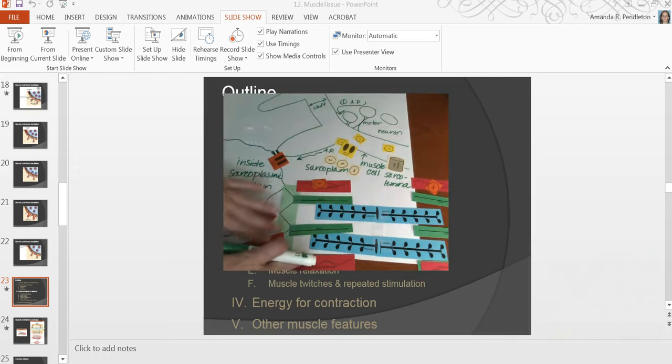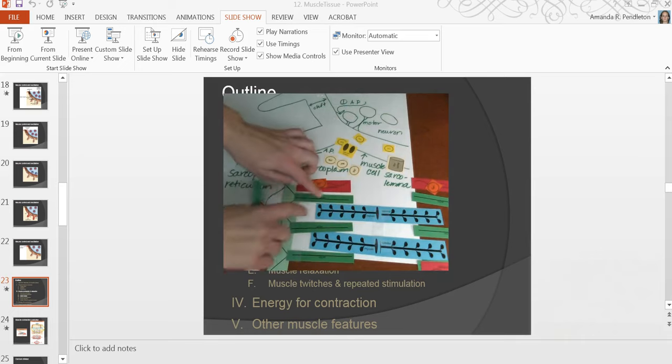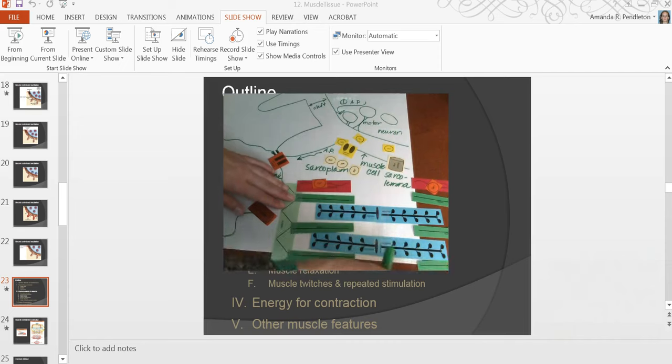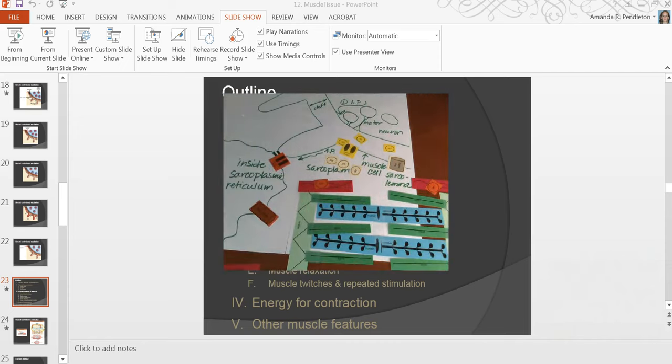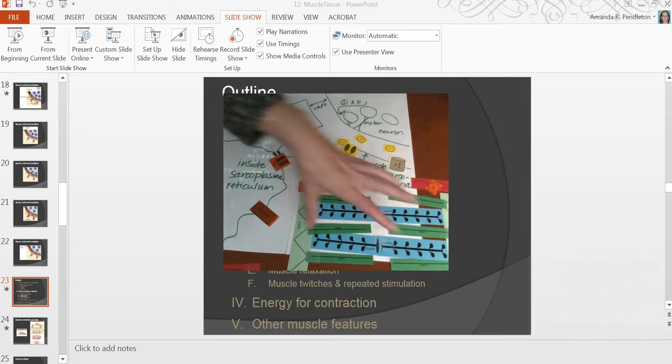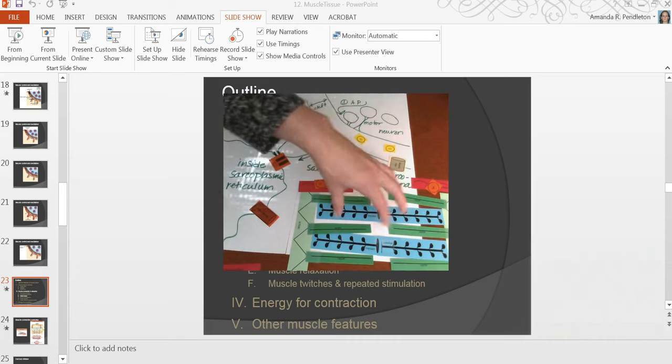And as it does that, myosin can now bind to actin and pull it tight, and you get a contraction. As long as calcium is present in the sarcoplasm, this muscle will contract.